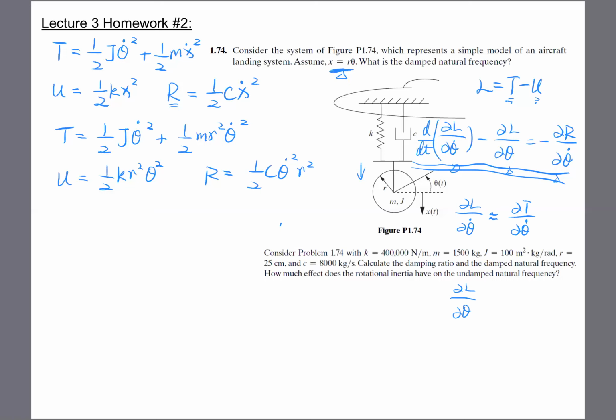Only the potential energy is related to position, so we can simplify it to minus partial U, partial theta. By doing so, we have a simplified version of Lagrange's method: the time derivative of partial T, partial theta dot, plus partial U, partial theta, equals minus partial R, partial theta dot.